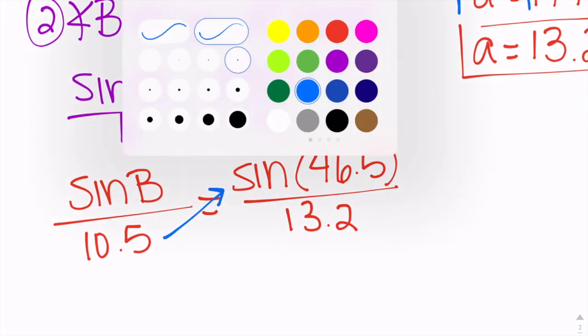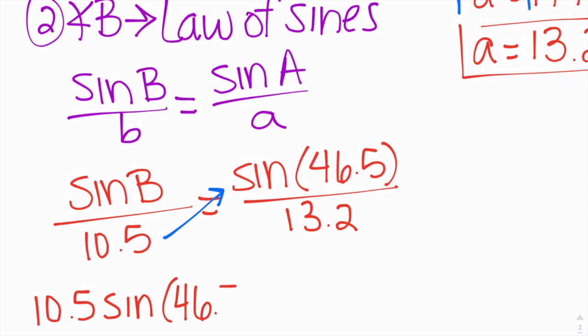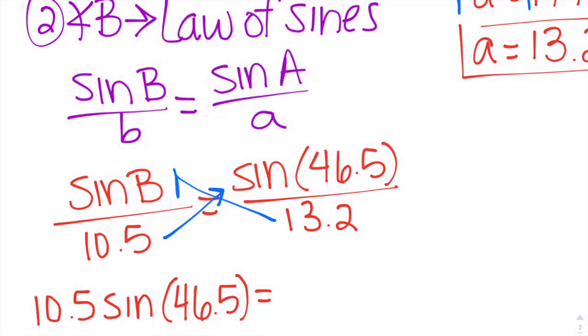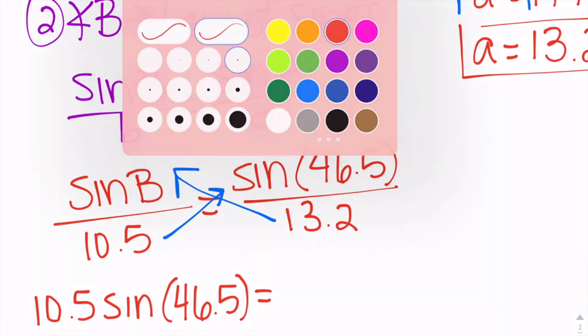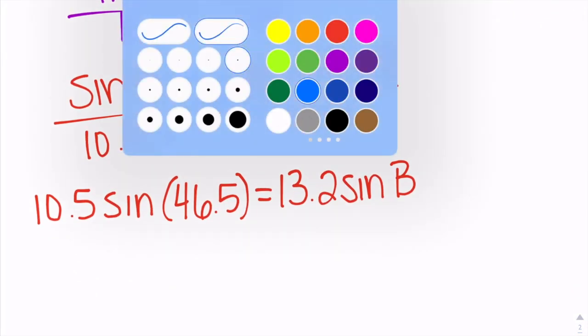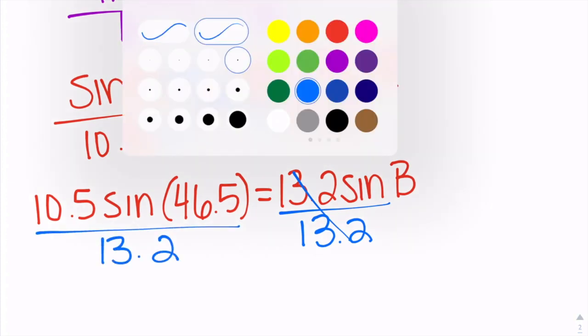From here, we're going to cross multiply, so we're going to do 10.5 times the sine of 46.5 equals 13.2 times sine of b. And now we're going to divide each side by 13.2.